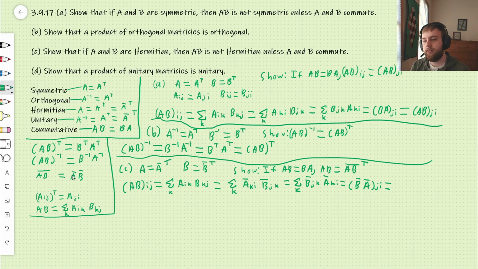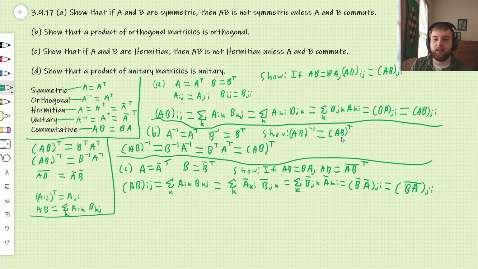Using this formula, we can have the bar extend across the top, since multiplying complex conjugates together is the same as taking the complex conjugate afterwards.